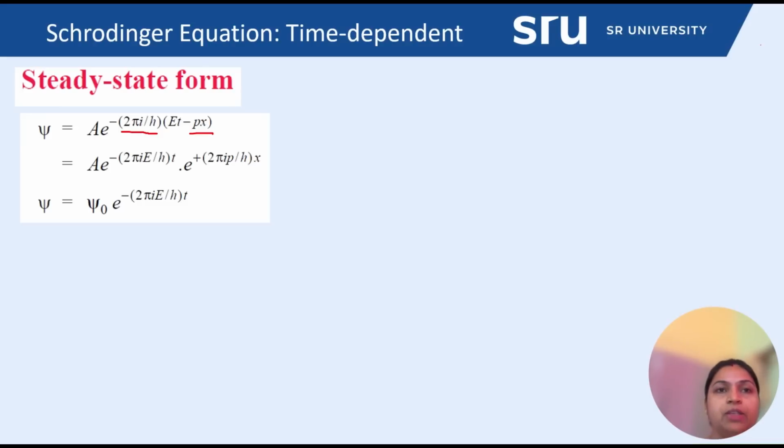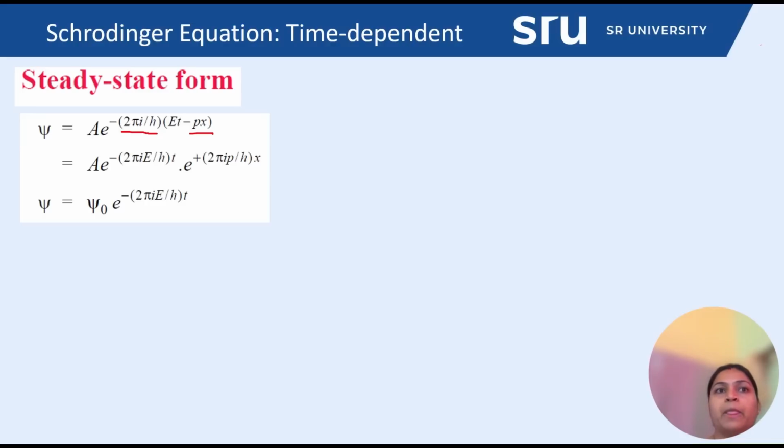Basically, why we do this steady state form is that in many situations the potential energy of a particle does not depend upon the time explicitly. So the force that acts upon it, and hence the potential V, varies with the position of the particle only. When this is true, the Schrödinger equation may be simplified by removing the reference to t.